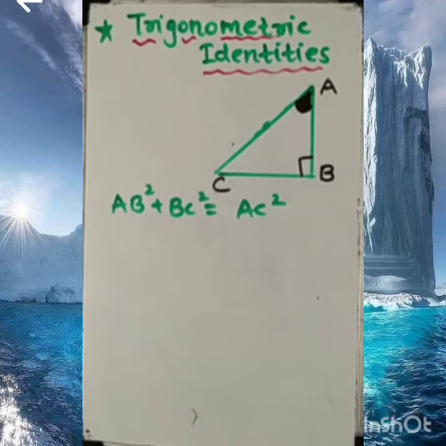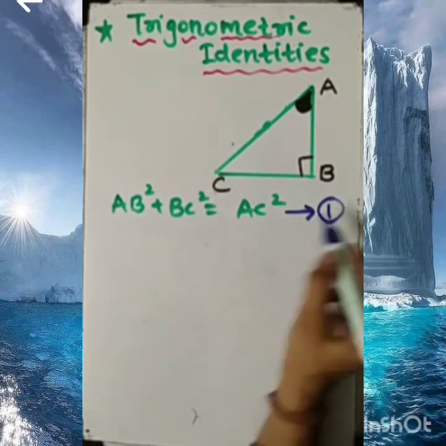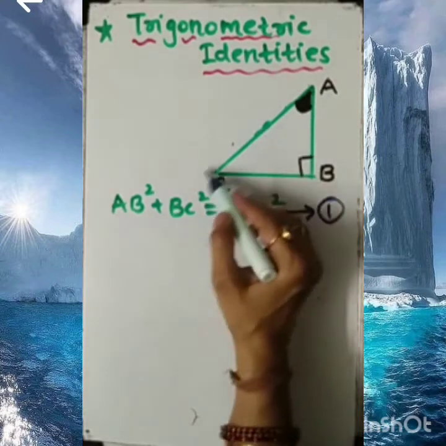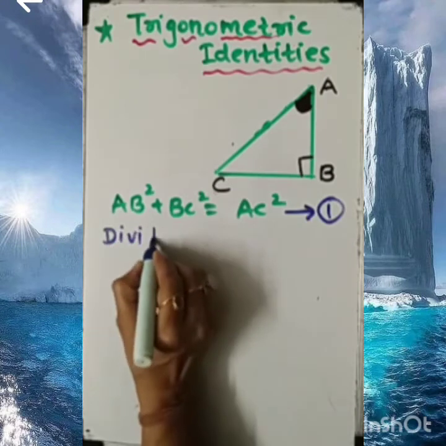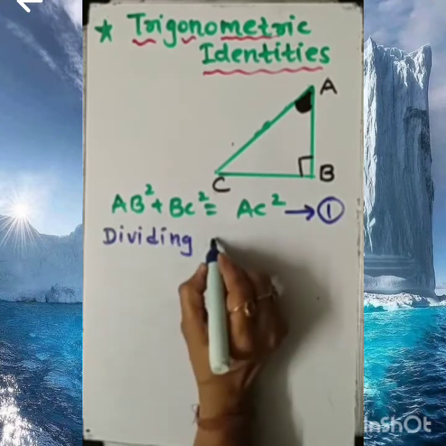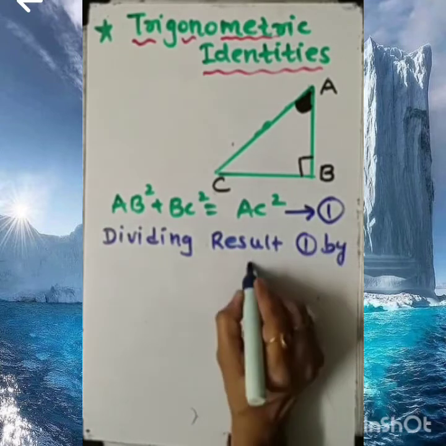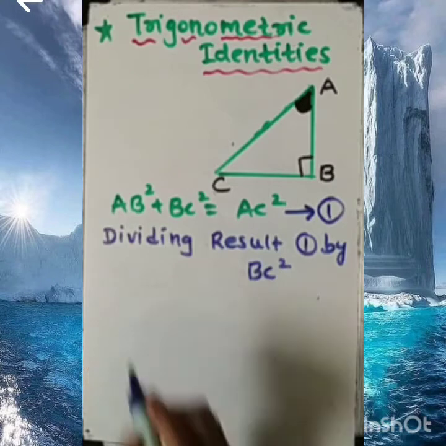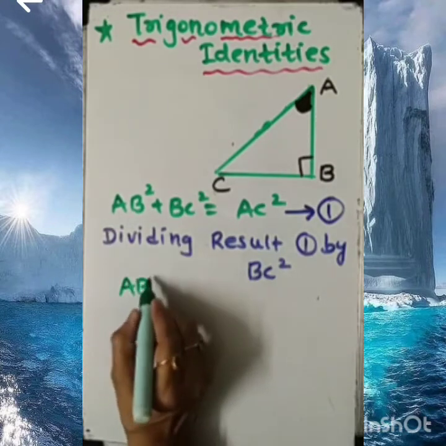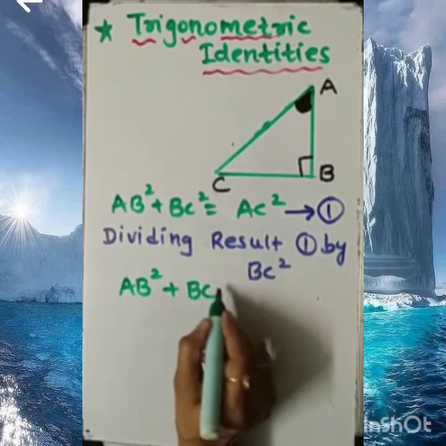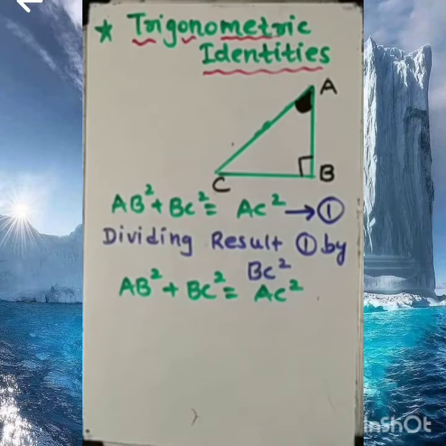So my dear student, this is the important result of the Pythagoras theorem with us. AB square plus BC square equal to AC square. This time I am going to divide with BC square. So let me note down, dividing result number 1 by BC square. If I divide it by BC square, the result is AB square plus BC square equal to AC square, and I divide each term by BC square.